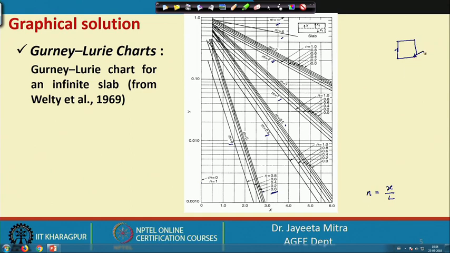The initial temperature of this block, T 0, is known to us, and then we are dipping it into a medium at temperature T 1, and then we are calculating this y value, which is T minus T 1 by T 0 minus T 1.